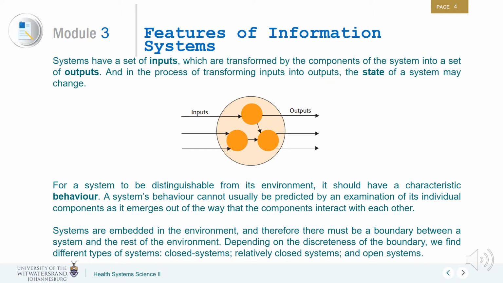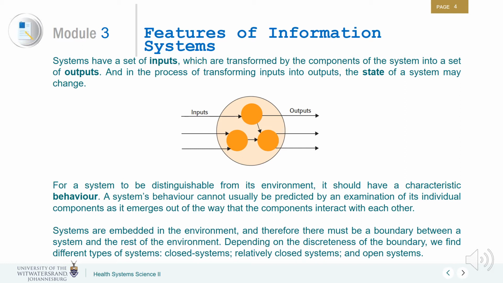So a system's behavior cannot usually be predicted by an examination of its individual components, as it emerges out of the way that those components interact with each other. So there's all these different inputs or different things that need to be put in place, but the behavior of that system is a result of how those different component parts interact.